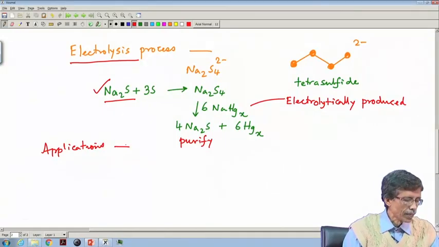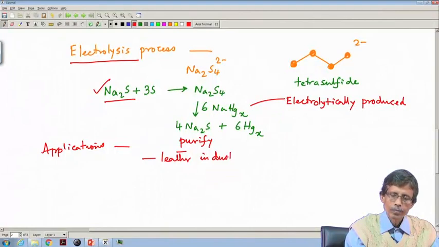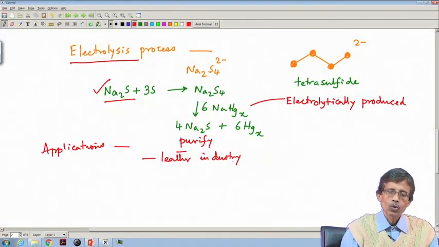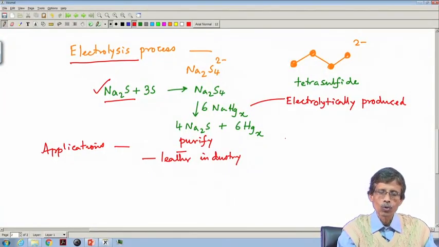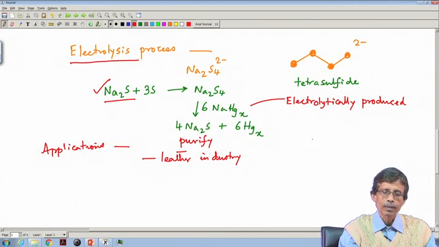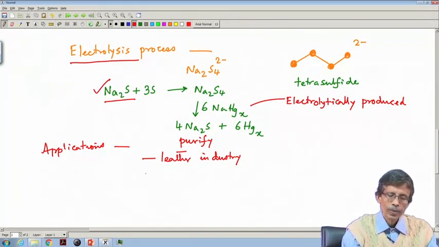The first application is in the leather industry. Sulfur and sulphide, one thing we know is the removal of hair from animal skin. So, in the leather industry, the sulfur bearing compound for this particular reduction reaction is very useful.